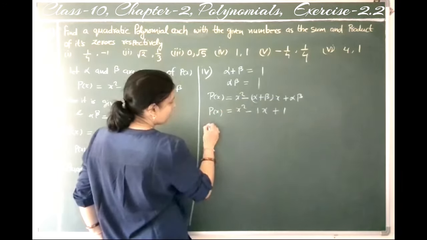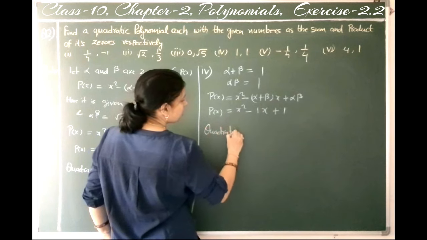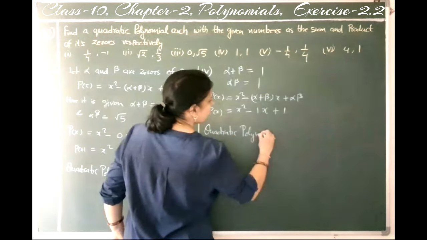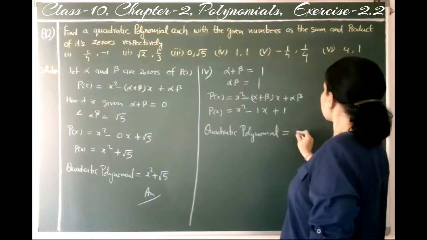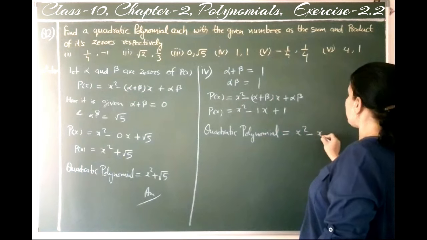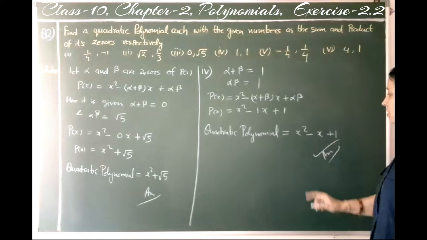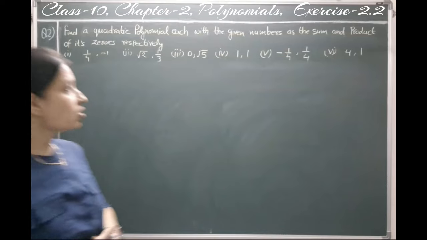So we get the quadratic polynomial here: x², 1 into x is equal to x. So write minus x plus 1. So this is your answer: x² - x + 1. So next one is the fifth one.